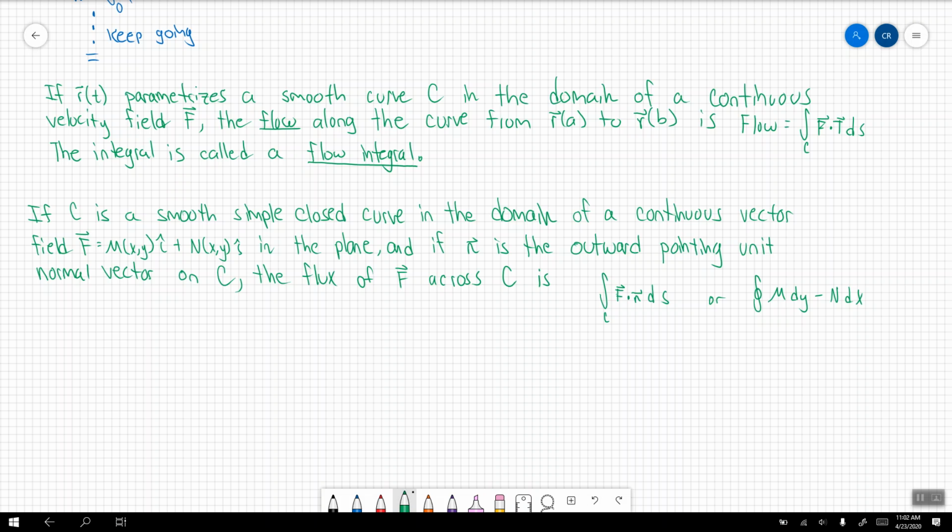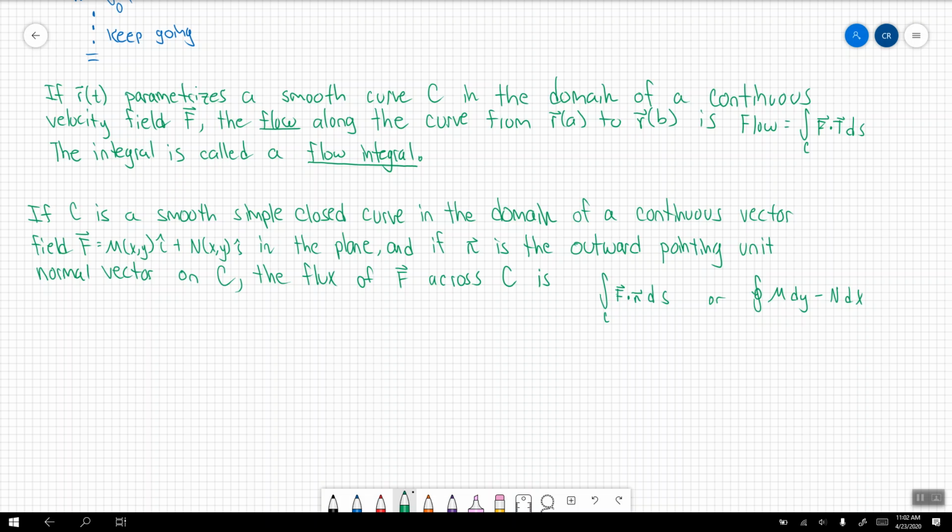Typically this has a directional arrow on the actual circle. That way it lets us know that it's going to be traversing a specific curve. And M and N here are basically your scalar functions for this vector field.